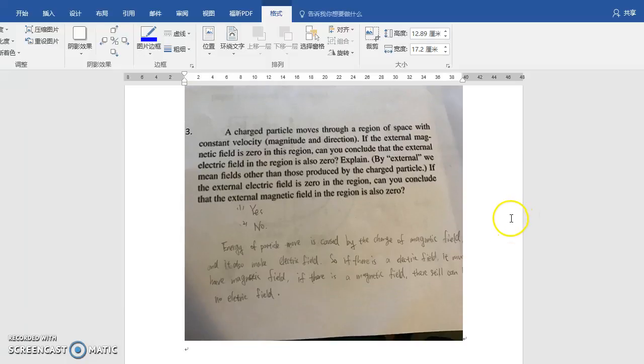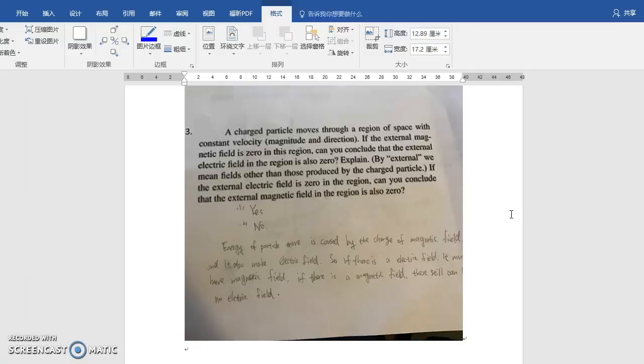And question 3 is about a charged particle moving in a region with constant velocity. Question 1 is yes and question 2 is no, because the energy of the particle's movement is caused by the change of the magnetic field, and it also makes an electric field.